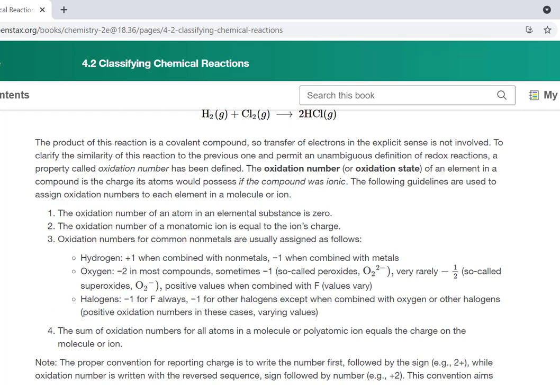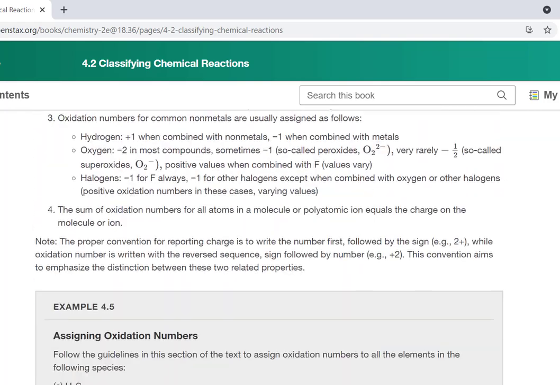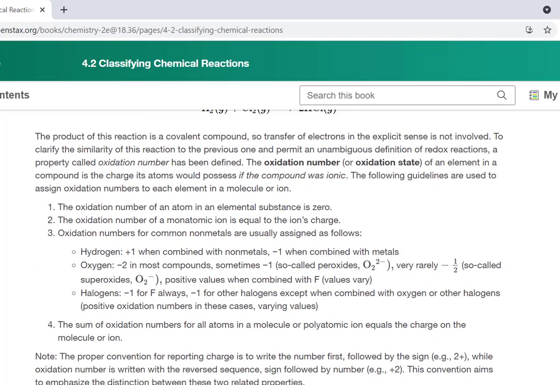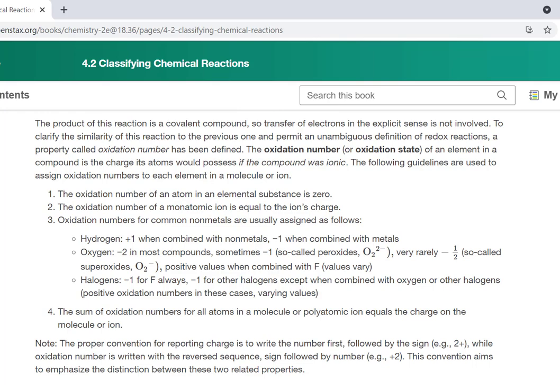I don't know that we have examples of that readily available here, but with the chlorate ion, for example, or anything that is an oxyanion, the oxygen is what's determining the overall oxidation numbers there, not anything other than the oxygen. So typically halogens are -1.